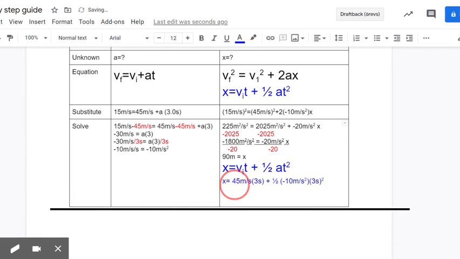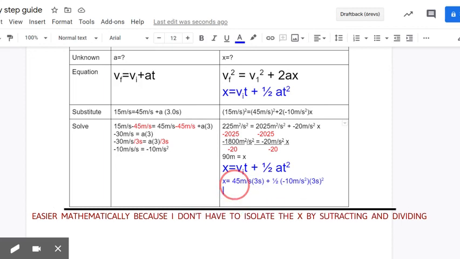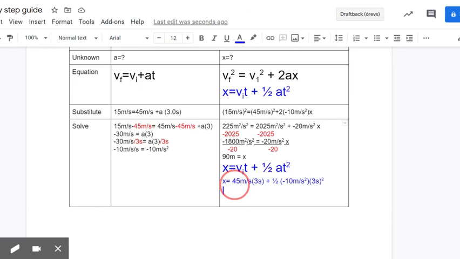This one might be easier mathematically because I'm not subtracting from both sides and I don't have to divide on both sides. I'm just doing straight math here. So x equals 45 times 3 is 135 meters, plus 1/2 times -10 is -5. -5 times 9 is -45.